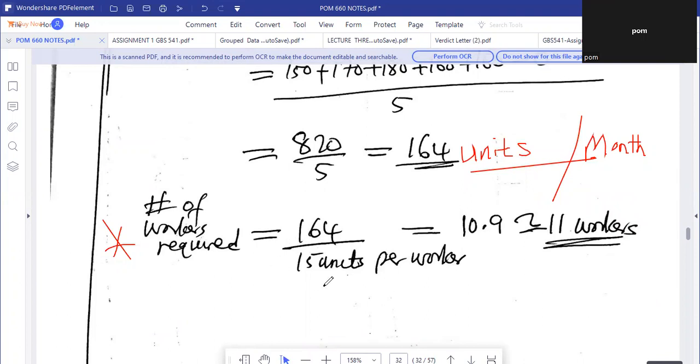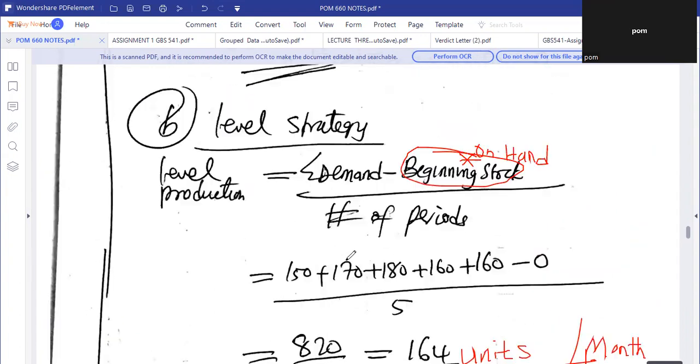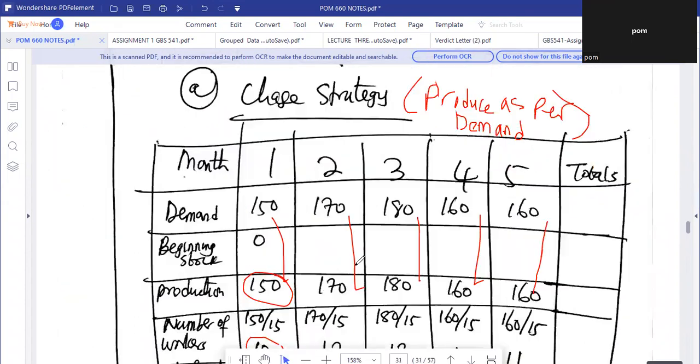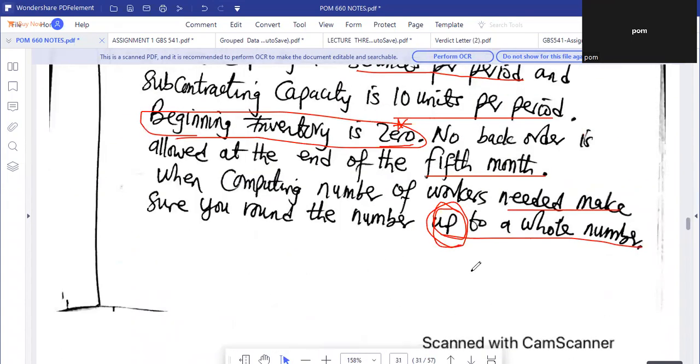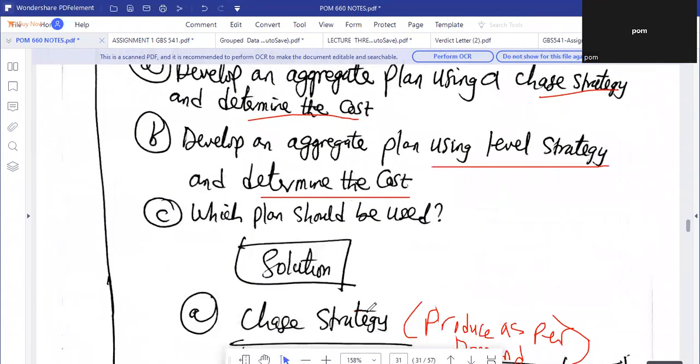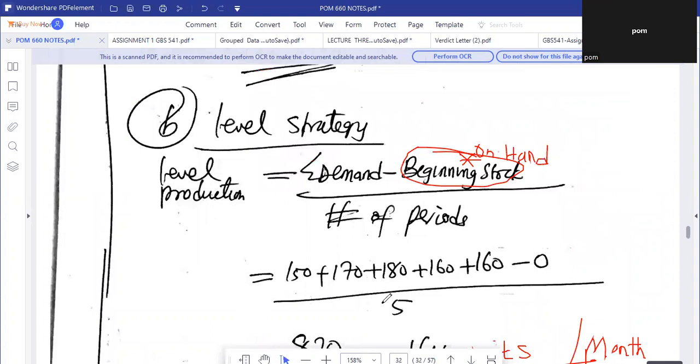One worker is able to produce 15 units. So approximately we have 11 workers. The question is saying that when finding the number of workers, we need to round up to the whole number. So that's why we're finding 11 workers.